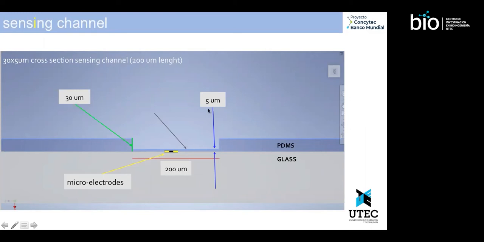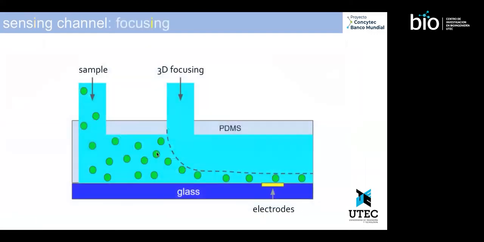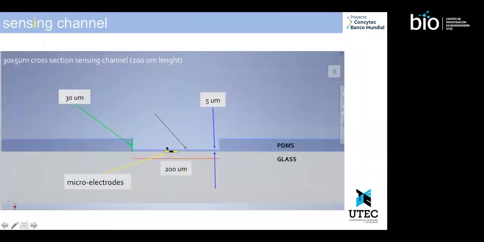There is a little bit of a layer of PDMS still over the electrodes, because the electrodes cannot be exposed directly to the water, because else we just short circuit it. And then the cell will be on top, and then we can measure the impedance.